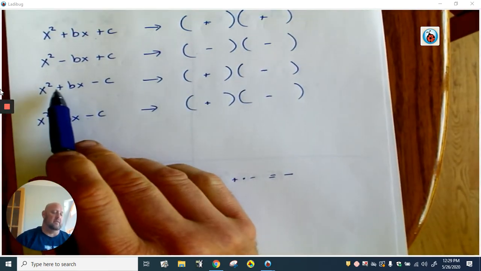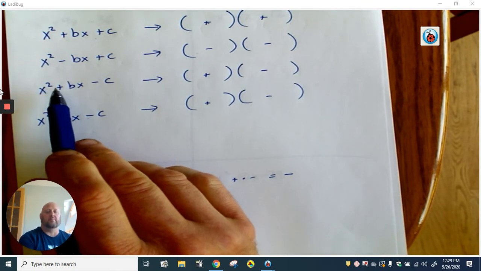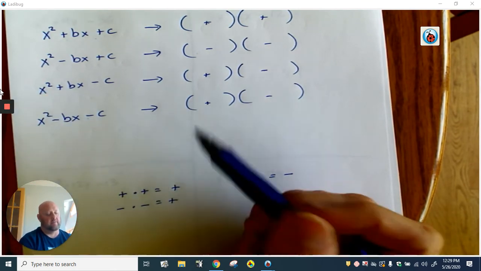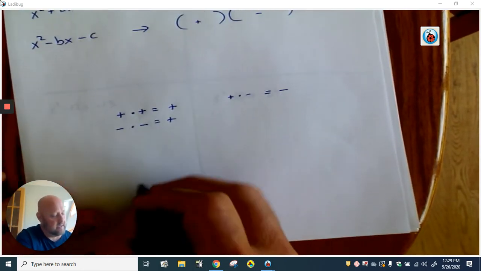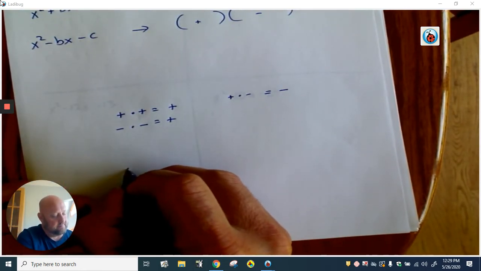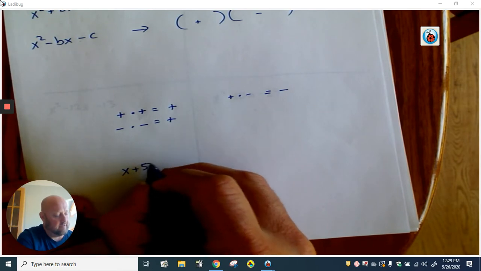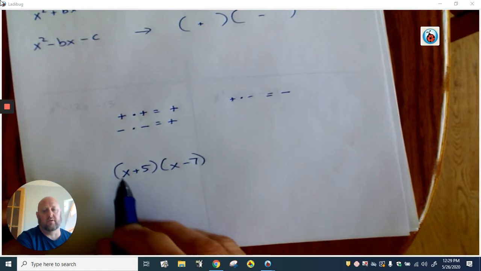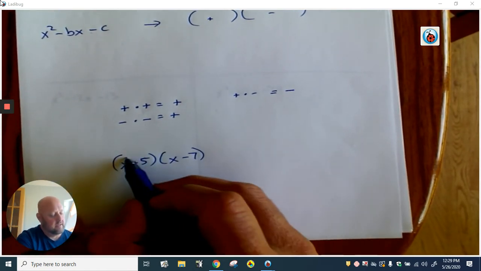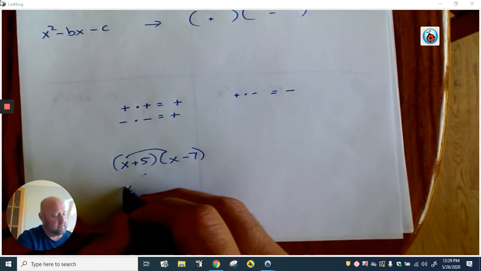But then, how are they going to add up to be a positive, right? Well, if you have a positive and a negative, let's just take an example here like x plus 5 and x minus 7, right? So we have one positive and one negative. If I FOIL that out, I get x squared.